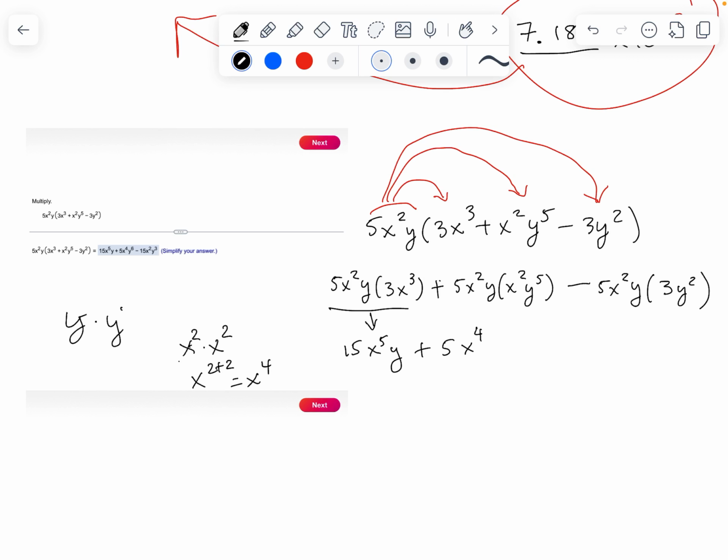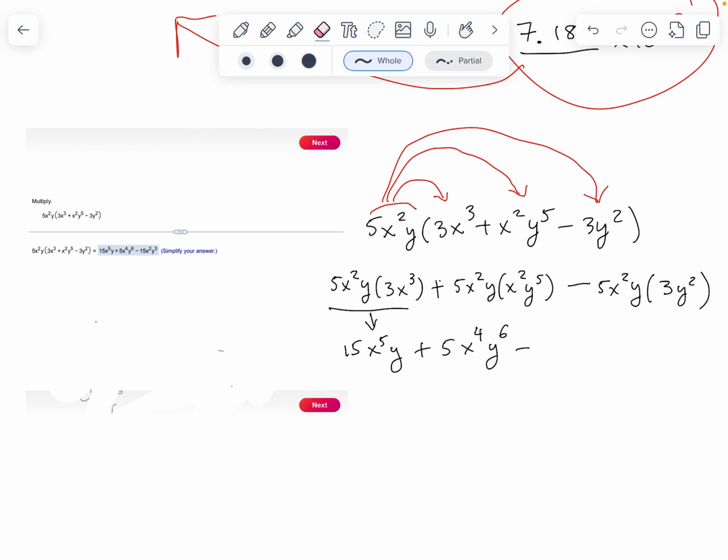Same way we have y times y to the fifth. Same base, we add the exponents. Since it's just y, it's like y to the power 1. So it's 1 plus 5, y to the 6. Then minus, and the last term: we have 5 times 3, so it will be 15 there. x squared is alone, we keep the x squared.